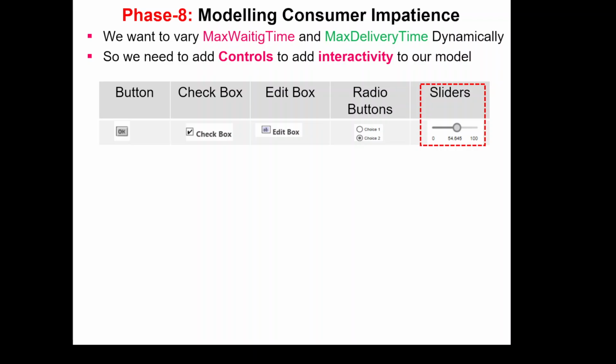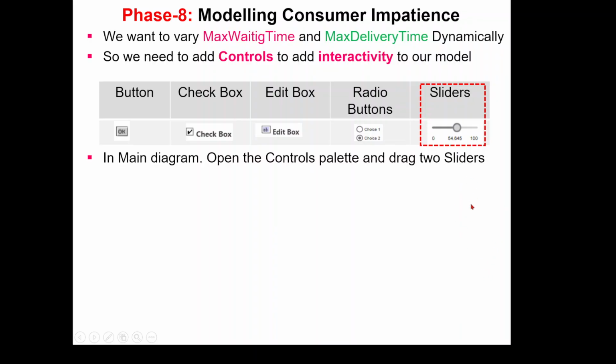We are going to adjust the value of our waiting time, and remember that by default we placed a value of 7 in maximum waiting time, and a value of 25 into the maximum delivery time. We are going to make it more dynamic by adding these sliders. That is, we will move the slider and change these values.